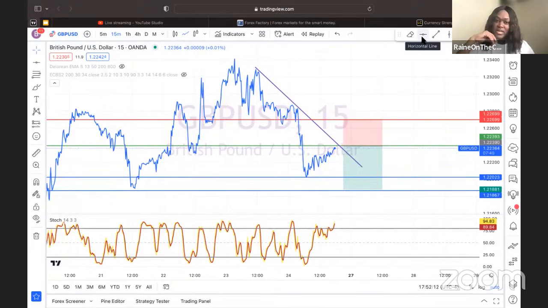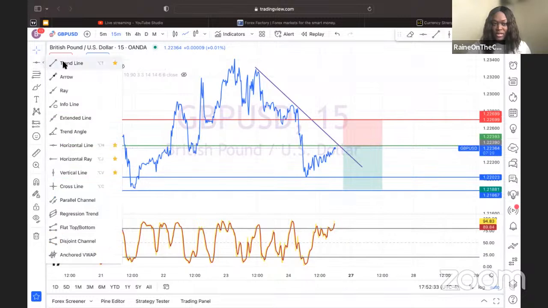Good. So last week I did a tutorial on TradingView, so I want you to go and watch that. But the solid line, I have it in my toolbox here, the horizontal line. The second thing here, if you open it up, it has all different tools.